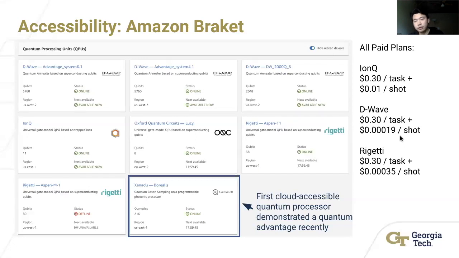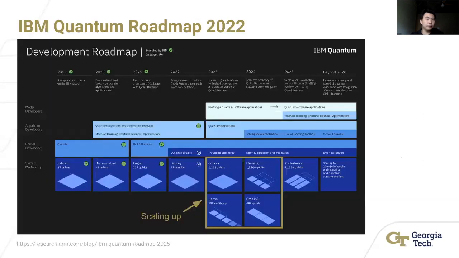Here it's not free, and you pay according to your measurement shot number and how many tasks you want to run. So this is the price. As you see, there are many publicly accessible quantum hardwares, which is very promising.